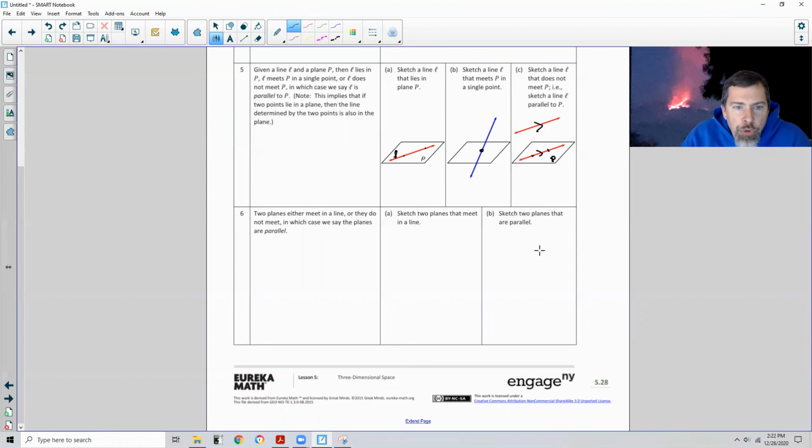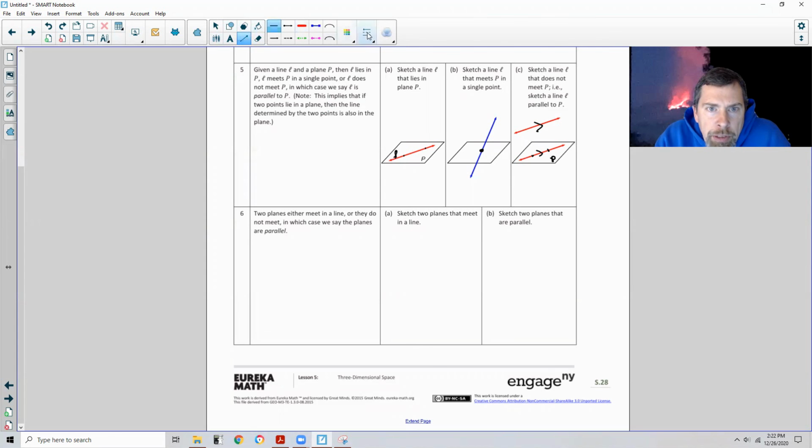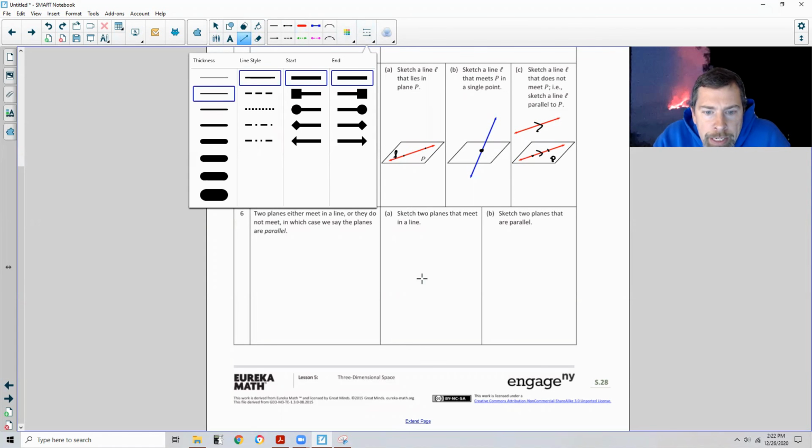Number 6, 2 planes either meet in a line or they do not meet, in which case we say the planes are parallel. A, sketch 2 planes that meet in a line. Okay, so if I draw a 4-sided figure, let me see, let's just do it with line segments, and I'll do it in black.